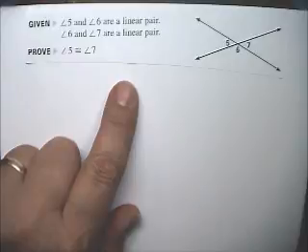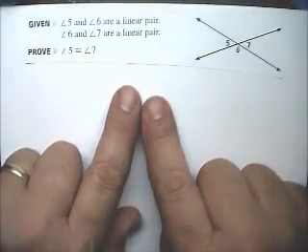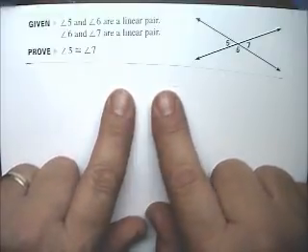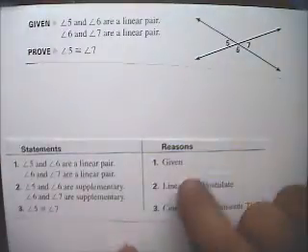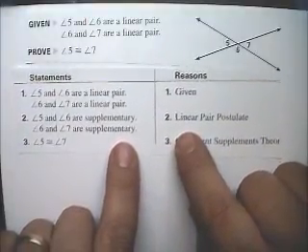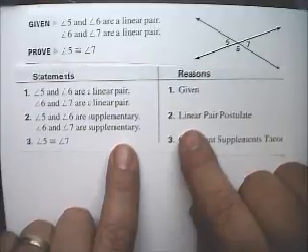Well, the two-column proof is really the easiest to come up with, and you're going to use that more than any other. So I'm going to look at the two-column proof, and you have to understand that you're going to have to come up with these things.